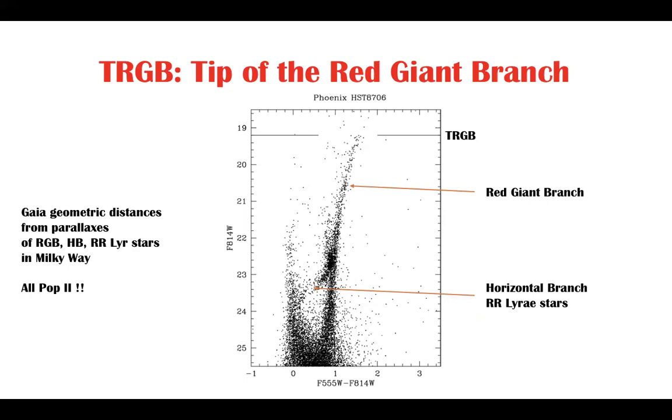And the red giant branch then goes up to the tip of the red giant branch. Another feature that's obvious here, or evident that's important to us, is the horizontal branch where you have RR Lyrae stars. So these are the kind of things that we want to calibrate to go up the ladder.